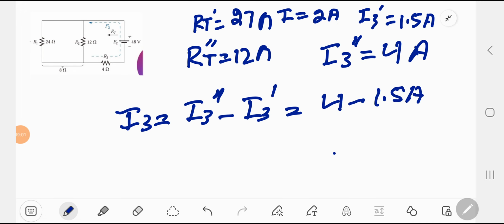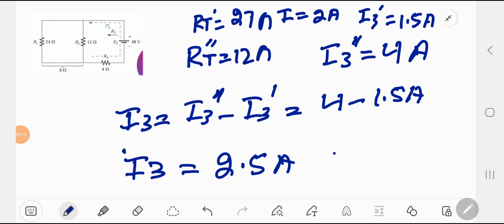So the total current across R3 is actually equal to 2.5 ampere.